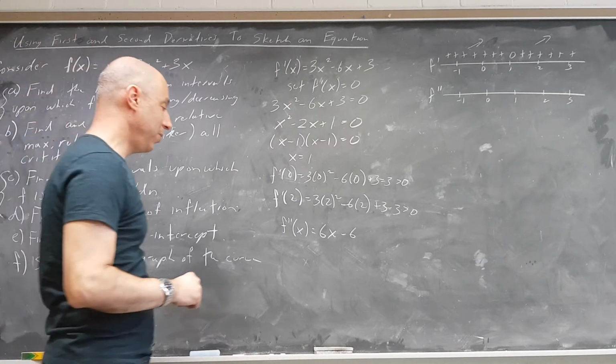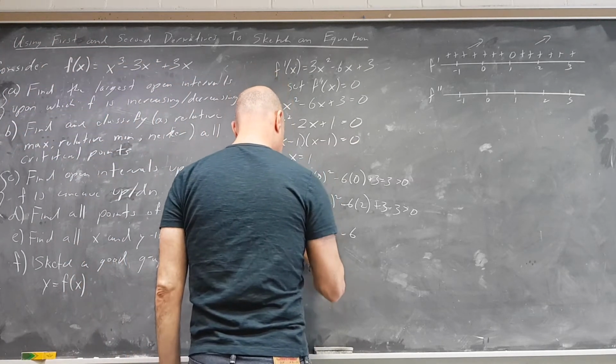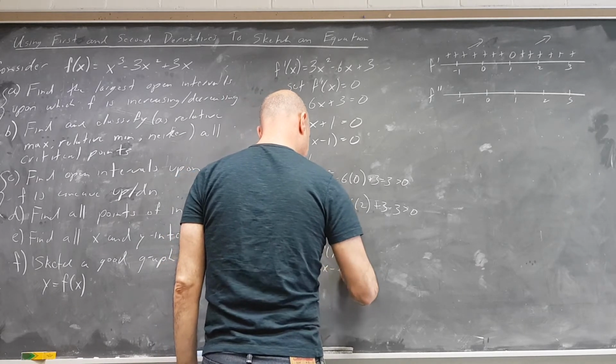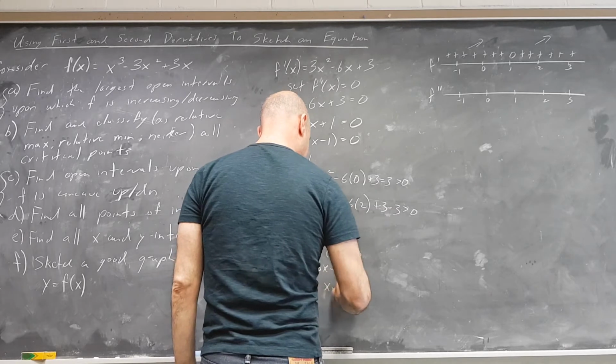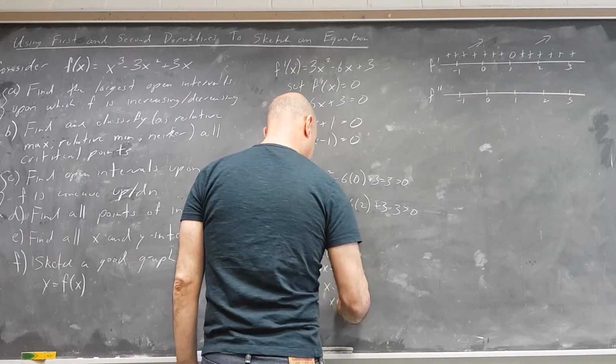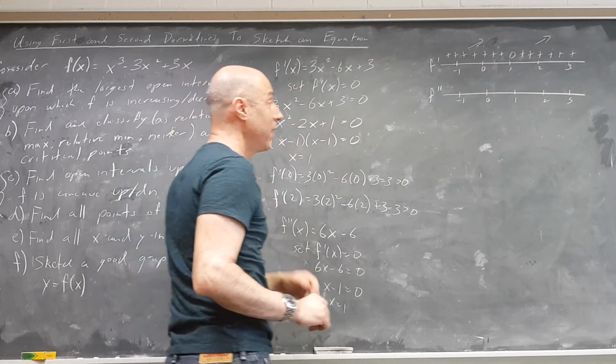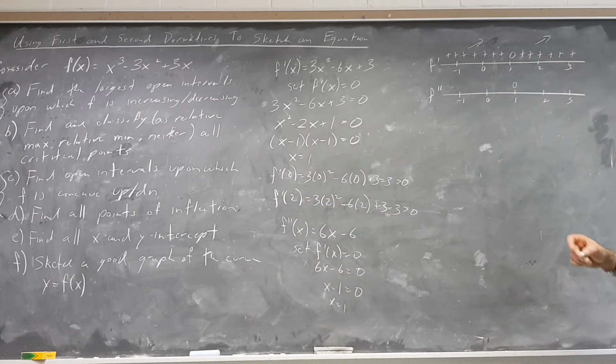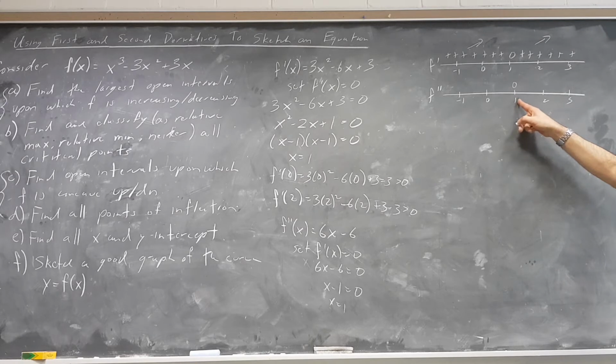We can set that equal to 0. So 6x minus 6 equals 0. So x minus 1 equals 0. X equals 1. So the second derivative is also 0 at x equals 1.